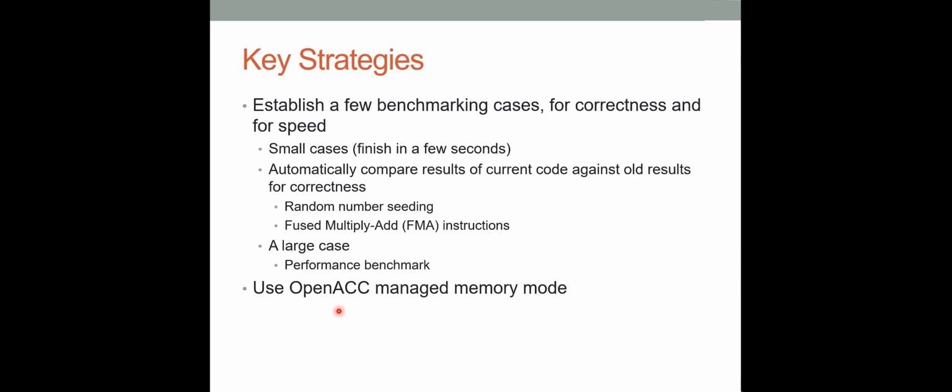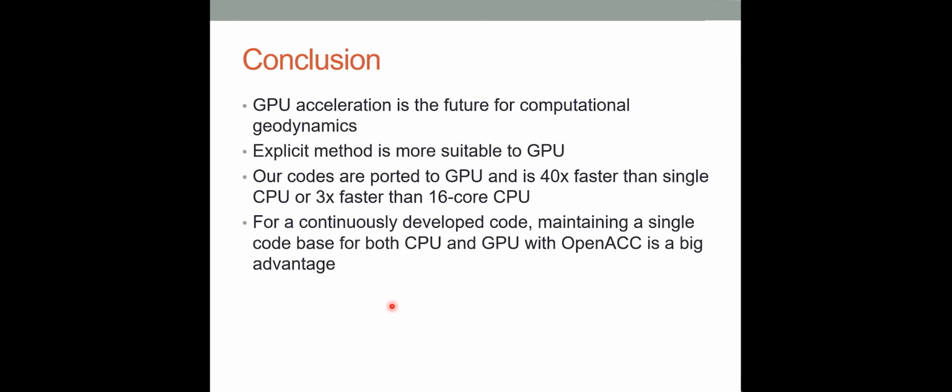And we also use the OpenACC managed memory mode. Our conclusion is that GPU acceleration is the future for computational geodynamics. And to afford the GPU acceleration, we need to use the explicit method. And our code can be ported to GPU, and it's 40 times faster than a single CPU and 3 times faster than the 16-core CPU.